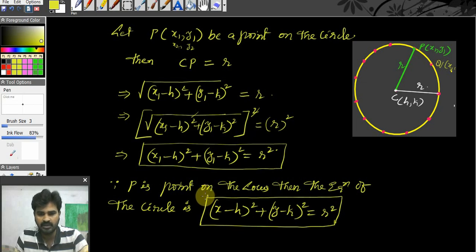What we want is a fixed point, that means the center, and a fixed distance, the radius. So you have to remember two conditions: the center and the radius. If the center and radius are given, you use this equation.